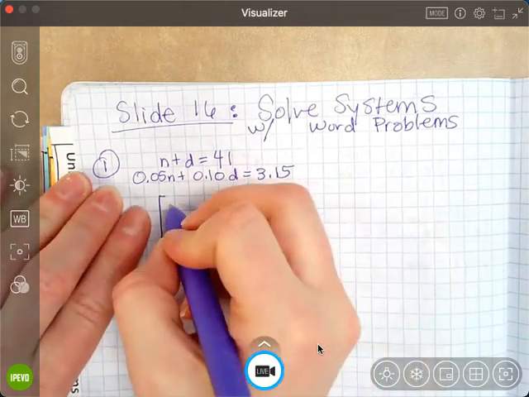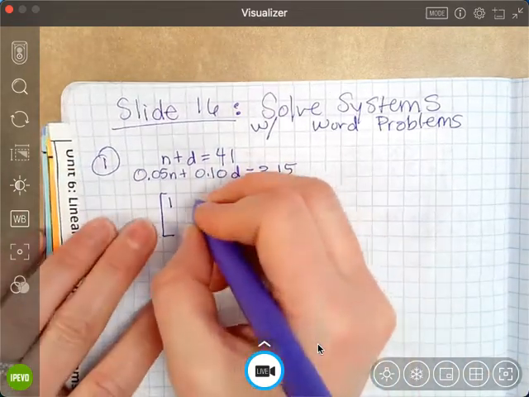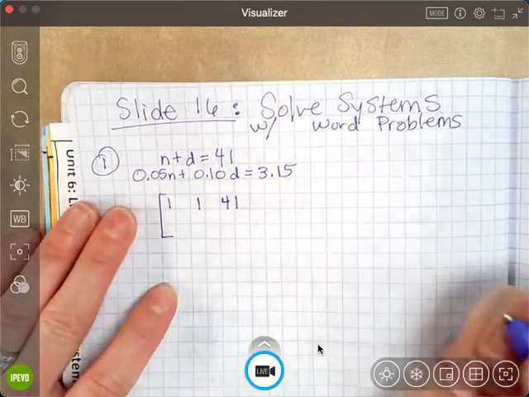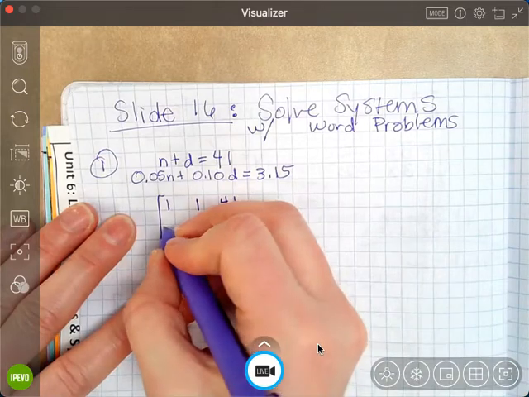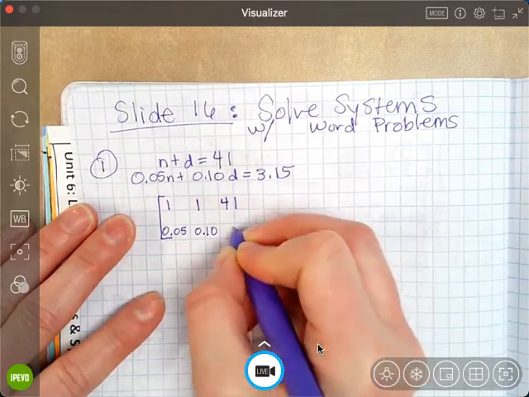So N would be on the first column. So it'd be 1, D, 1, and then C value is 41. And then we have 0.05, 0.10, and 3.15.